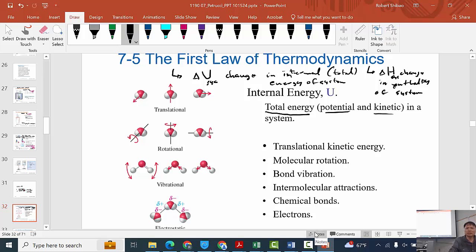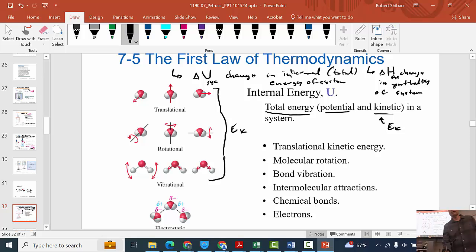So the kinetic energy is just motion. This is water here. We have 3 types of motion, and this is the kinetic energy. The kinetic energy we can calculate. However, the potential energy is a bit more tricky to deal with.